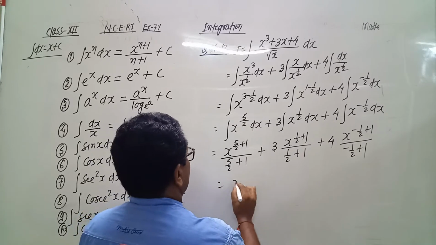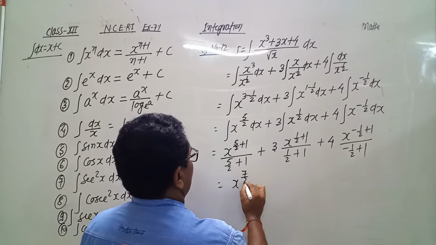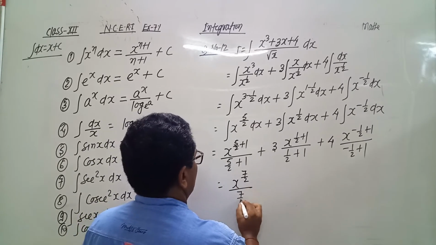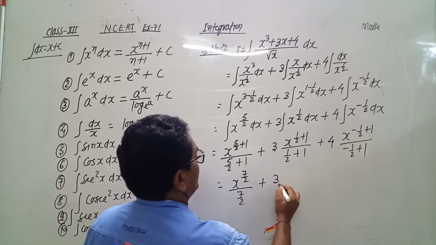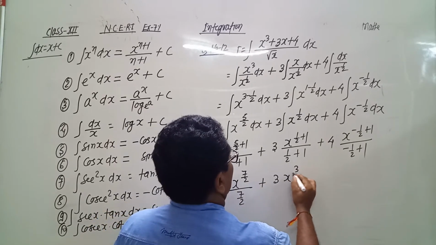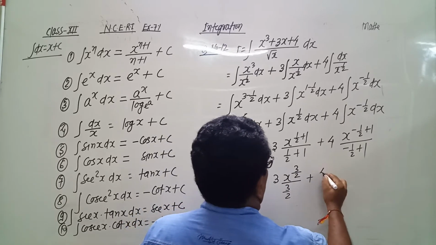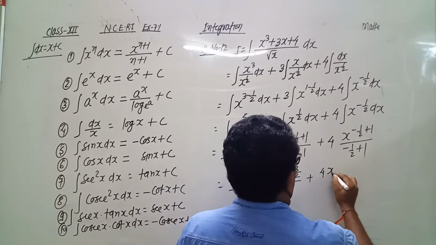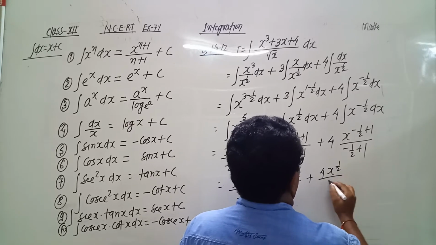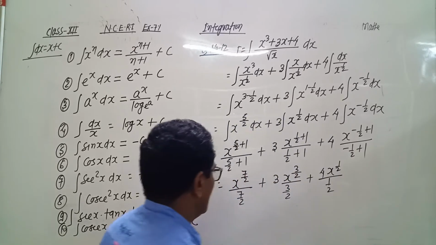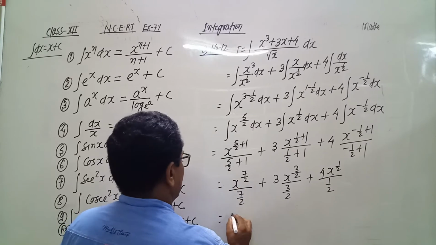And it becomes x raised to the power 7 by 2 upon 7 by 2, plus 3 into x raised to the power 3 by 2 upon 3 by 2, plus 4 x raised to the power 1 by 2 upon 1 by 2, and this becomes reciprocal.